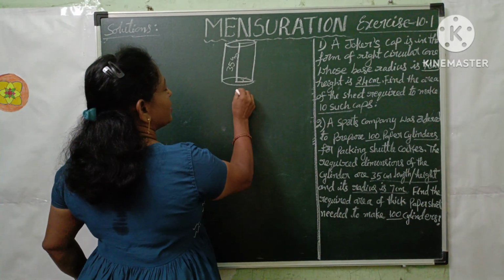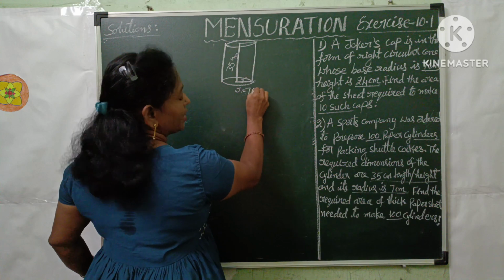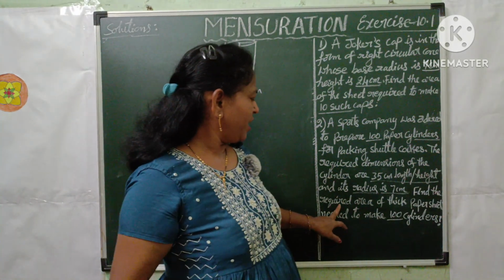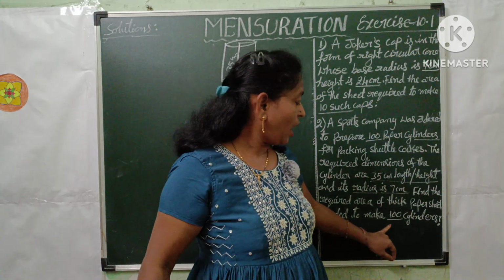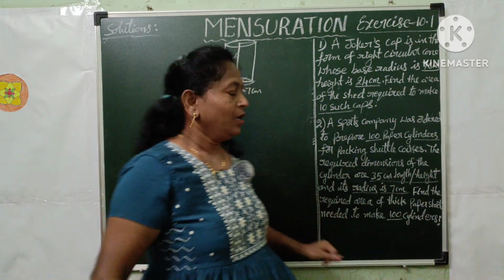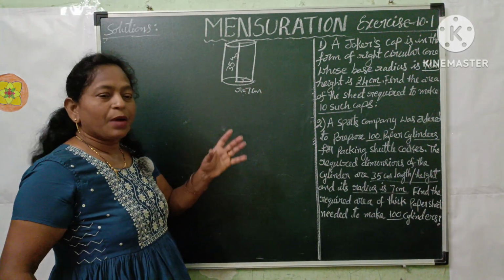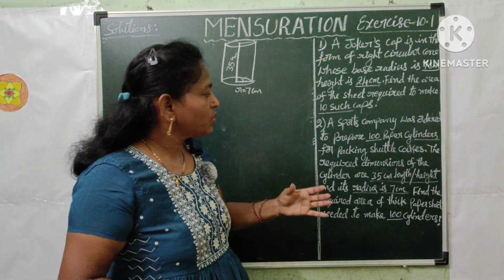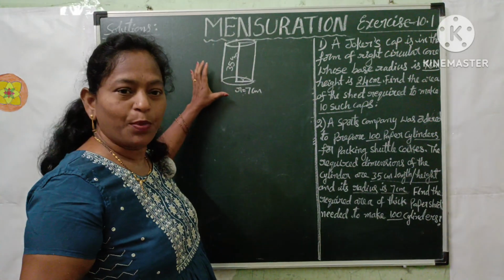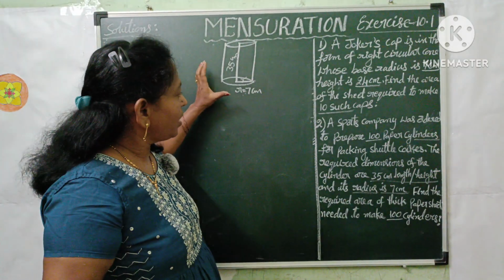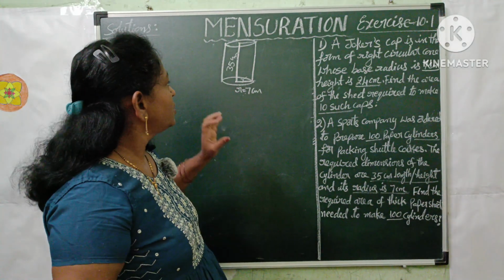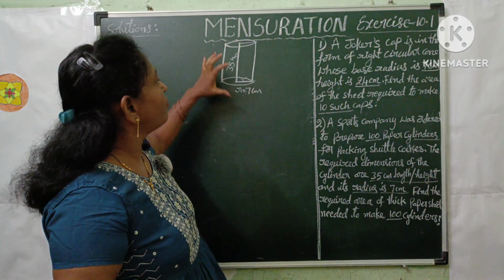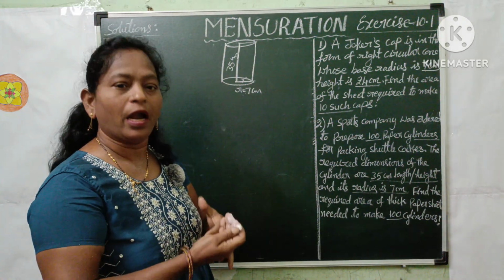Find the required area of thick paper sheet needed to make 100 cylinders. They are asking for 100 cylindrical boxes, so first we need to find one box, then we need to find 100.